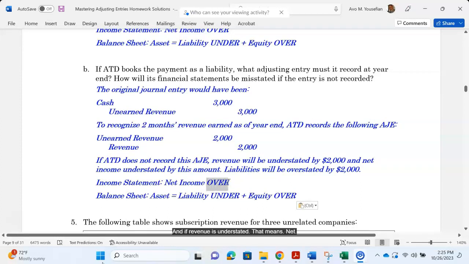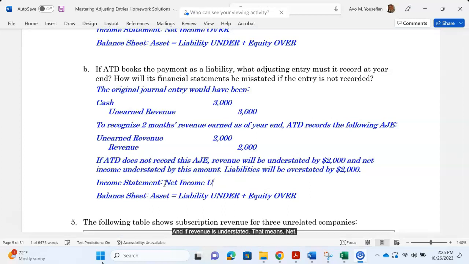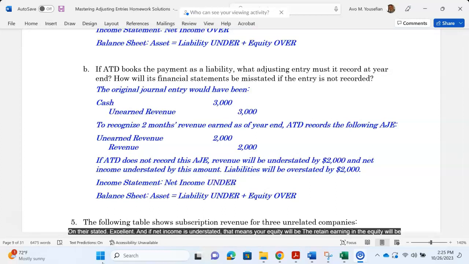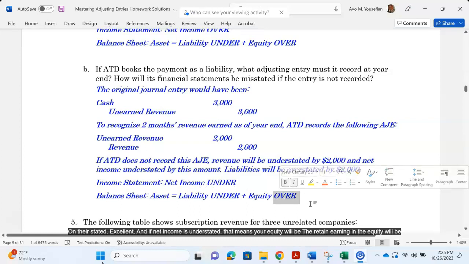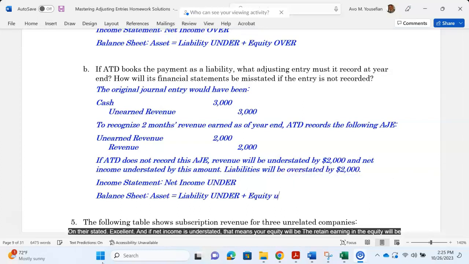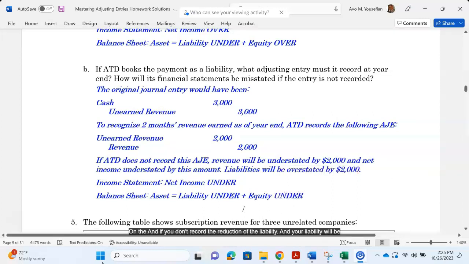And if revenue is understated, that means net income is understated. Make sense? And if net income is understated, that means the retained earning in the equity will be understated.